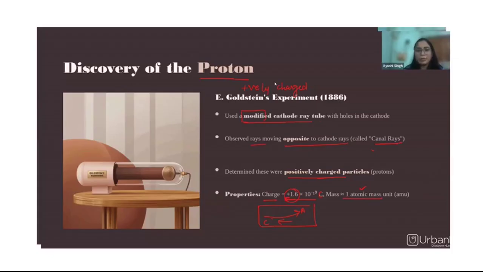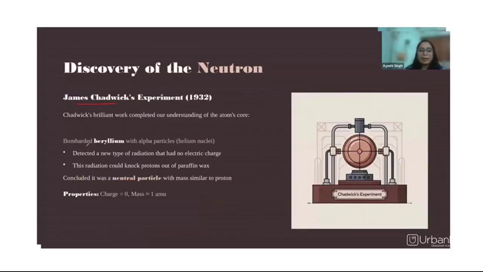Now coming to neutrons. So neutrons were discovered by James Chadwick. He did an experiment. What he did, he bombarded the beryllium with the alpha particle. Let me write it. Alpha particle. He bombarded this beryllium, this is an element, with alpha particle.